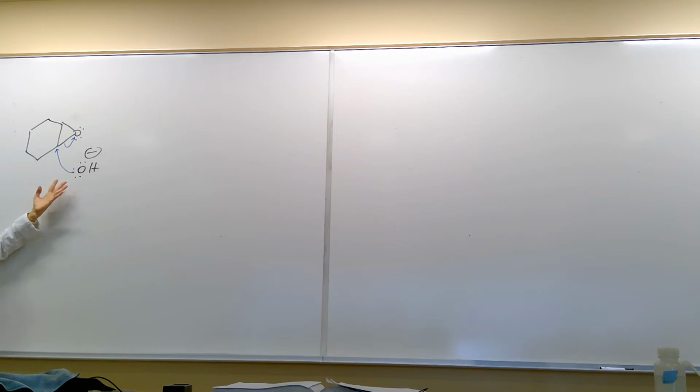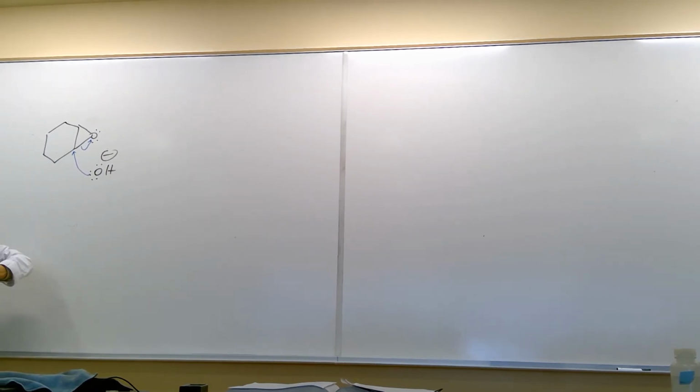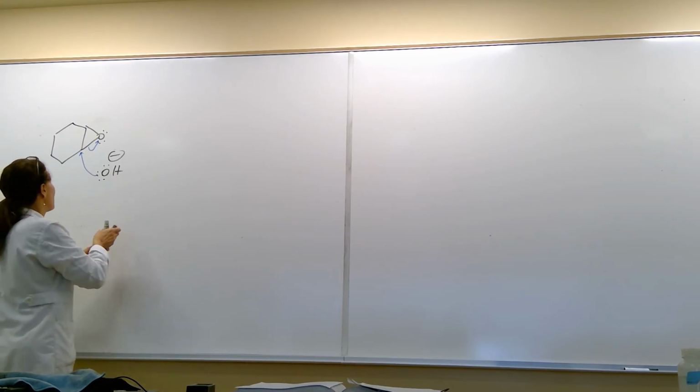But it's not going to give us the same product. You agree? Which means if this attacks from the bottom, what should happen to this bond? It has to go up. And if this attacks from the top, this one has to go down. But the bottom line is one has to be up, the other one has to be down. Okay? So we end up with this.